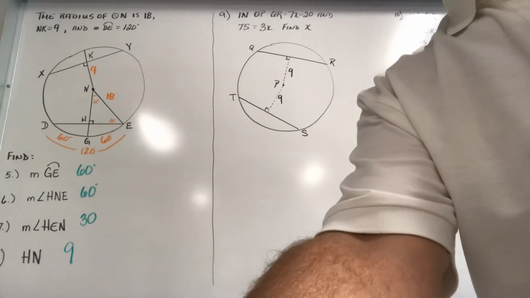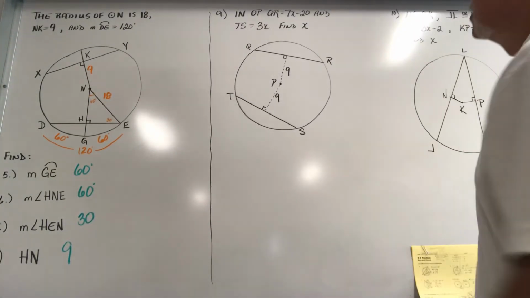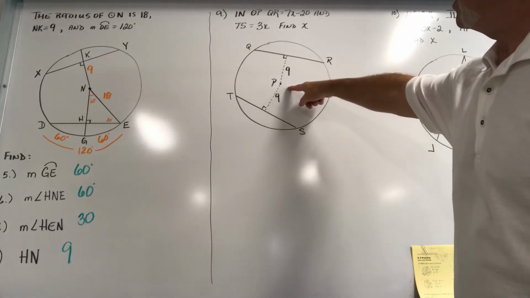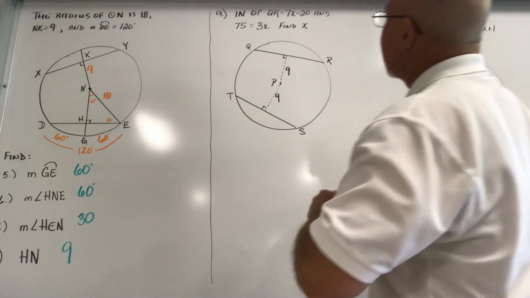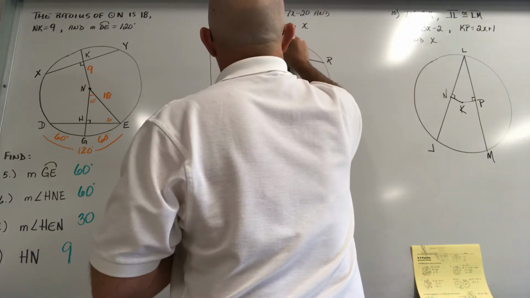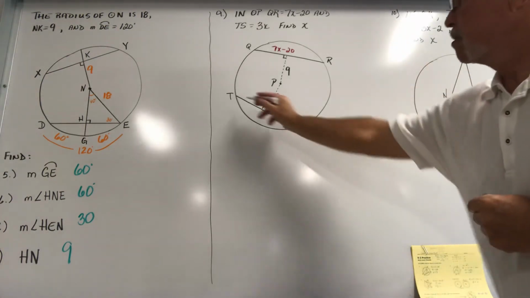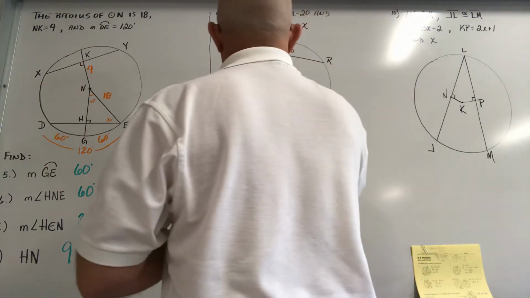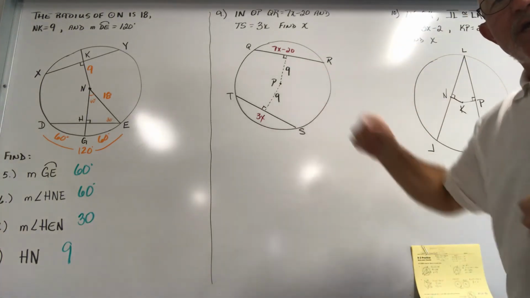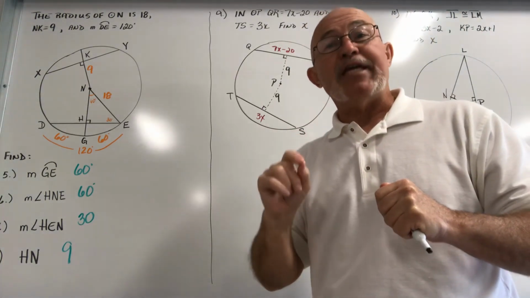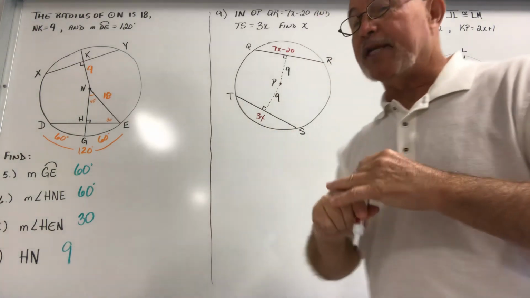Next one. In circle P, QR is 7x minus 20, and TS is 3x. We are given the fact they are equidistant from the center, which means those chords are equal in length.